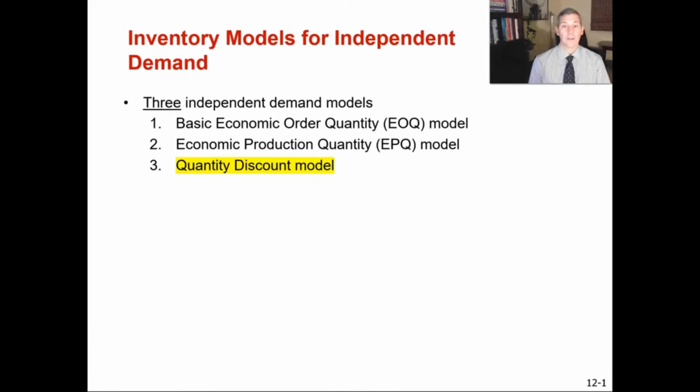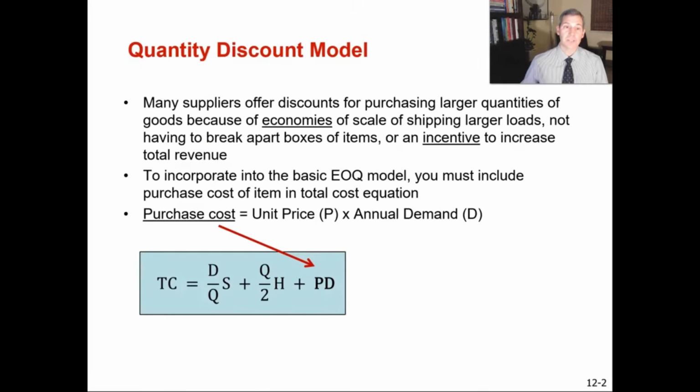Or if you've ever bought things at a retail store, if they say, okay, if you buy one t-shirt, it's $20. But if you buy 3 t-shirts, the price is going to be $15 per shirt. So they're giving you a quantity discount by ordering more. So the quantity discount model looks at taking into consideration getting price breaks for ordering more.